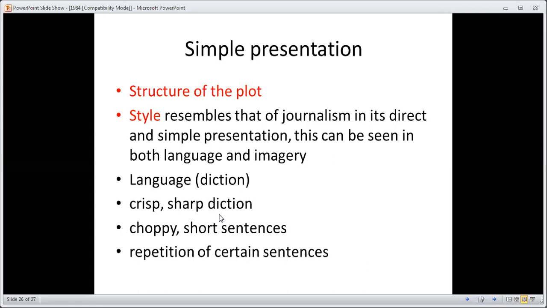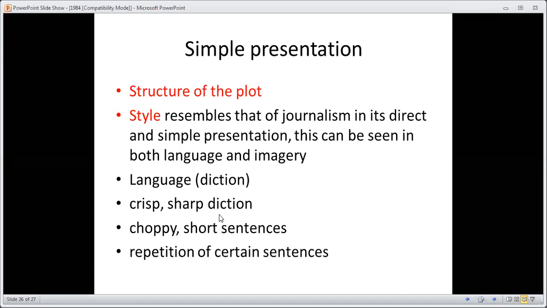What do we mean by simple presentation? That the writer presents his language and his ideas in a simple manner. He doesn't make it complicated. So first, his type of writing is as if you are reading an article in a journal, in a newspaper.